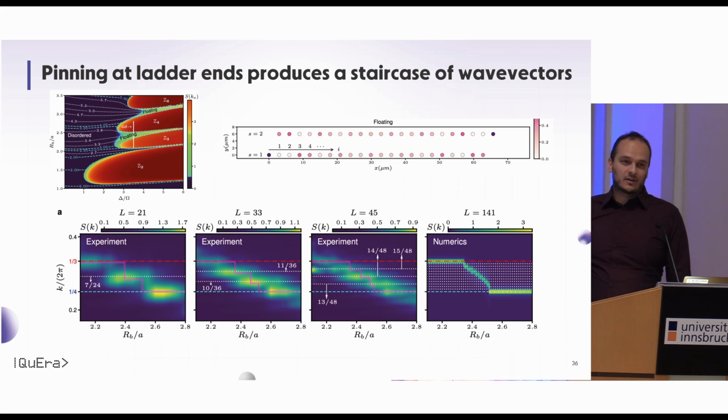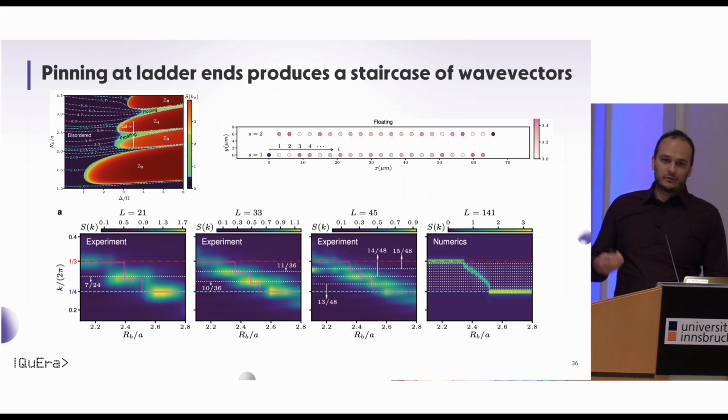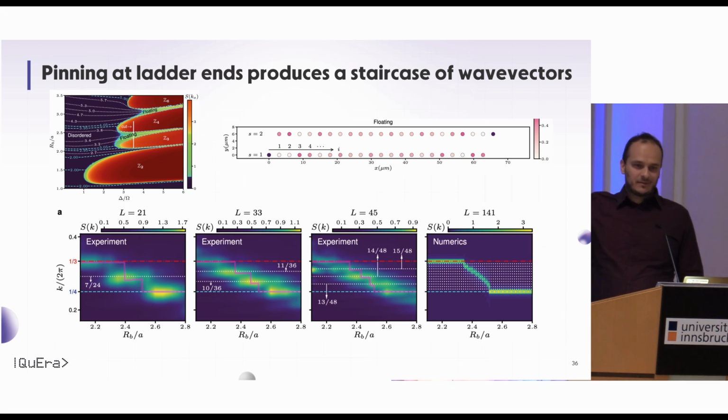And so that's the correlation function. The Fourier transform of that is the structure factor of the Rydberg density wave. And you can now plot the phase diagram from theory of what phases you expect.